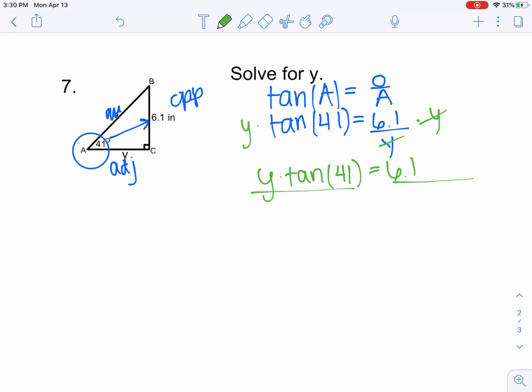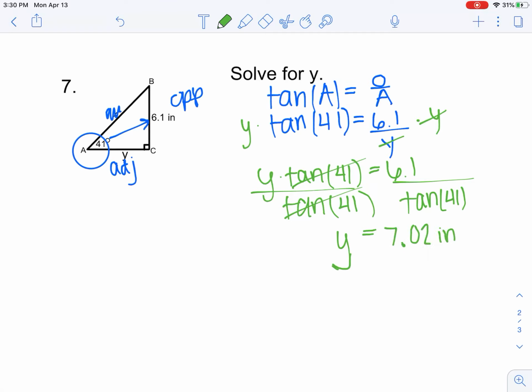Then, if we divide both sides by the tangent of 41, now those will cancel out, and we have y by itself. So y equals 6.1 divided by the tangent of 41, which is 7.02 inches.